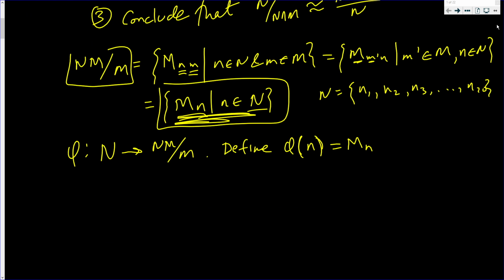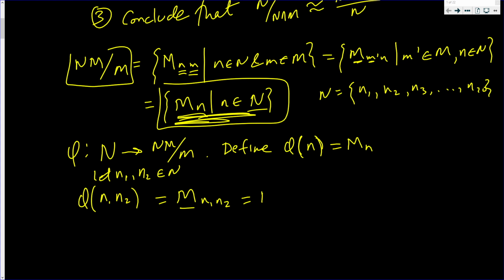Alright, so now we have to show this is a homomorphism. Let n1 and n2 be in N. Well, by definition, phi of n1 n2 is M times n1 n2. But M is the same as MM, so this is MM times n1 n2.